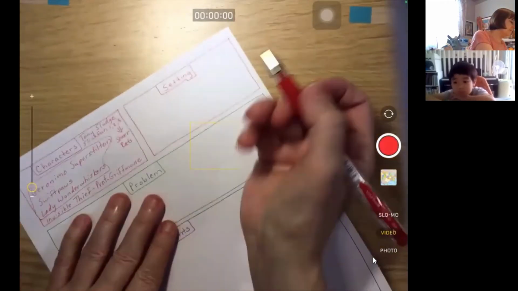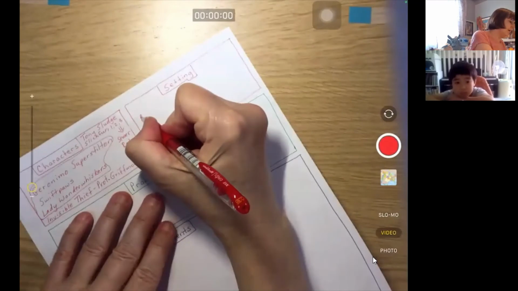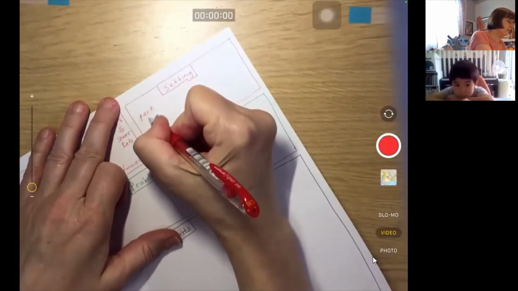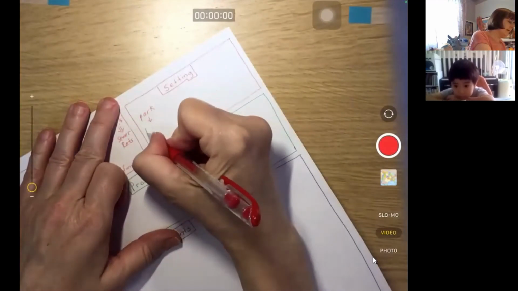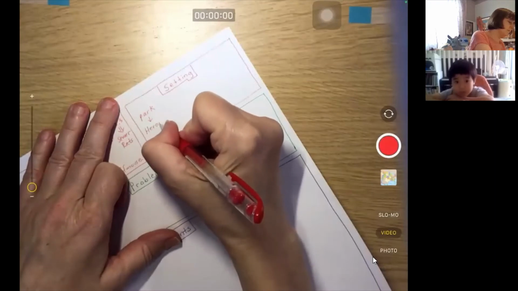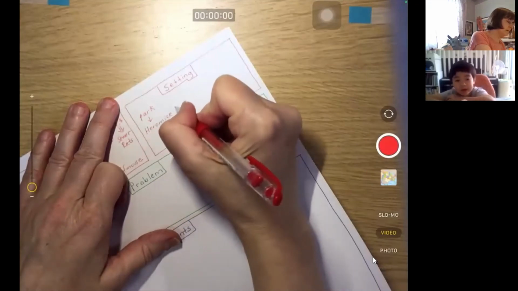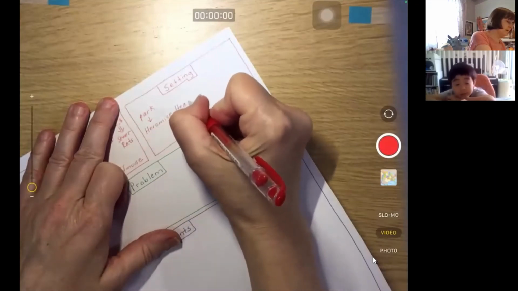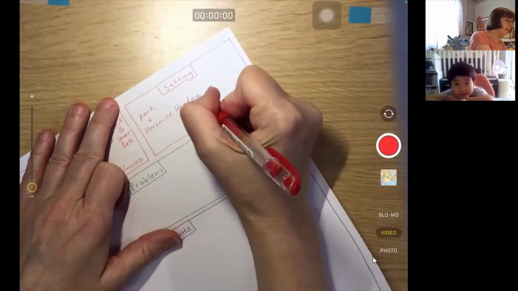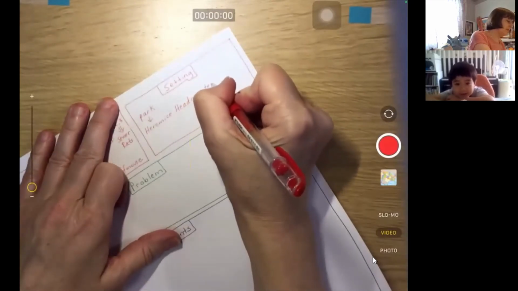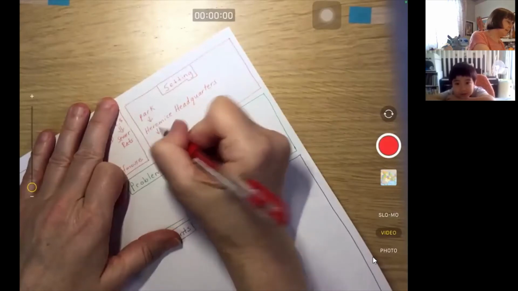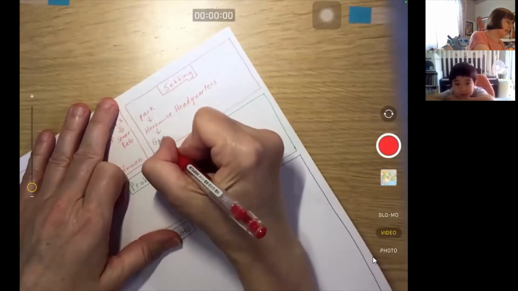So the setting, the story begins at the park. And then it goes to the Heromice headquarters. And Sun Moon Lake. Oh, the Grand Hotel did look like it was at Sun Moon Lake, didn't it? That was the Grand Hotel.